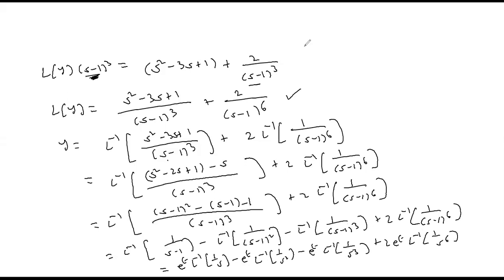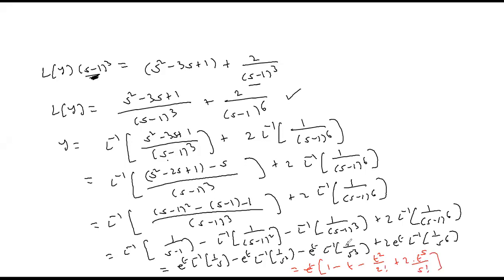Is that okay? So what is the final answer? e power t I can take common from all these terms. L inverse of 1 by s is 1, minus 1 by s square inverse transform is t, minus 1 by s cube inverse transform is t square by 2 factorial, plus 2 into L inverse of 1 by s power 6, inverse transform is t power 5 by 5 factorial.